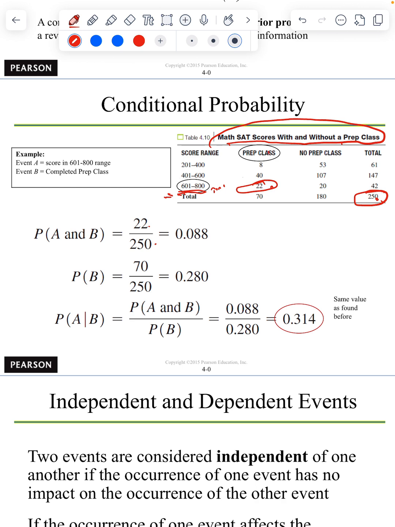Now, event B is how many took the prep class. That would be 70 over 250 that completed the prep class, and that would be 0.280. So what is the outcome of the probability of A and B occurring over the probability of B?